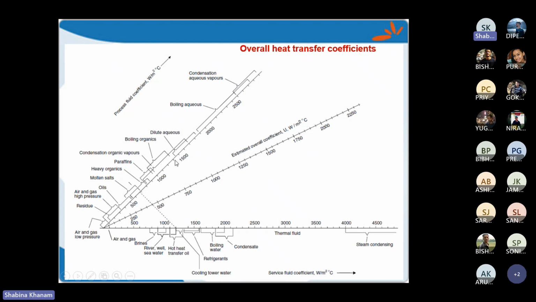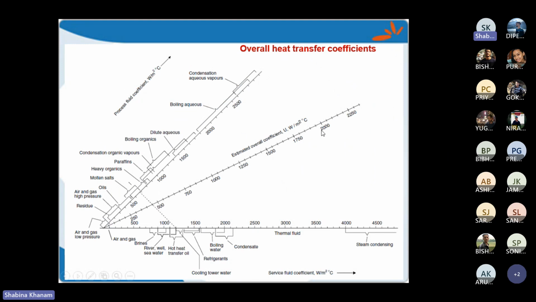Process fluid coefficient means you need to consider the fluid which you need to either heat up or cool down. The other is the service fluid. Service fluid means which could be used as a utility to heat up this fluid or to cool down this fluid.